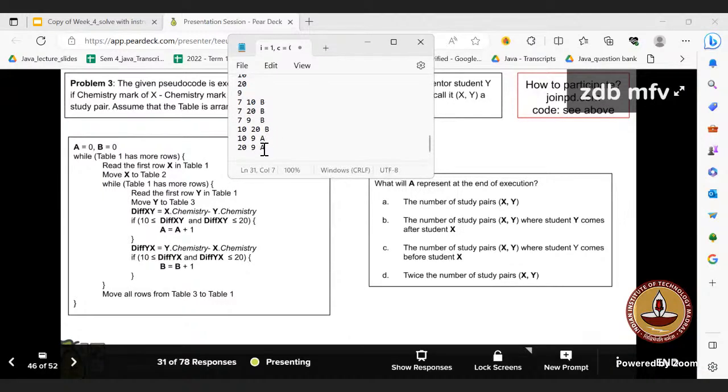Here 10 is coming before 9. That means the card x is coming before 9. And 20 is coming before 9. Then A is getting incremented. That's what this means, where y is coming after student x. Yes, ma'am, understood. Okay. Is it clear now? Yes, ma'am.